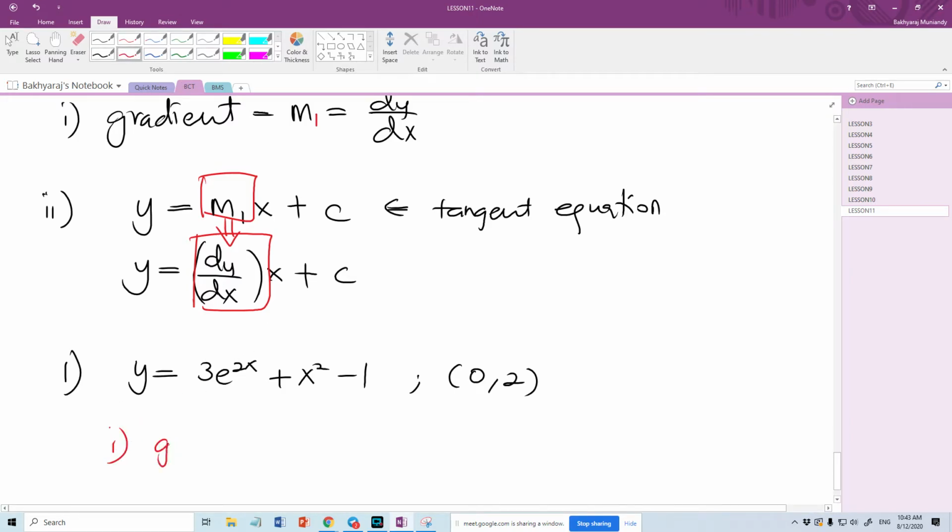Okay, find gradient. Gradient is what? Gradient is equal m1 also equals to dy dx. Okay, ini yang kita kena dapat. Okay, gradient equals to m1 also equals to dy dx. So first you need to get dy dx. So kena differentiate ni dah. Okay, you need to differentiate y.